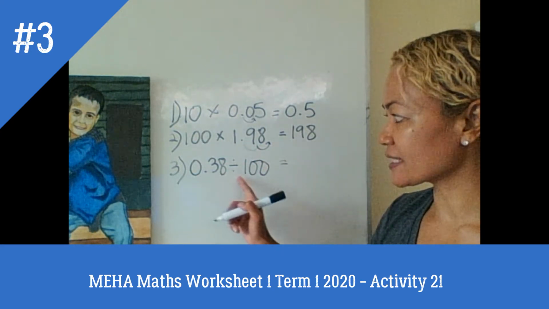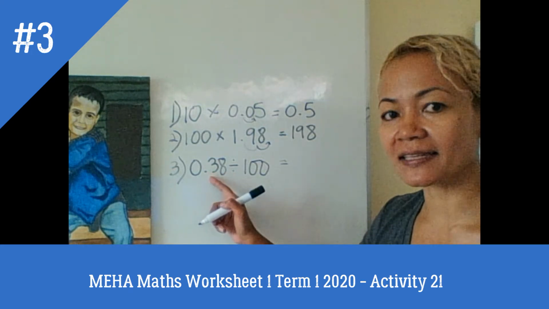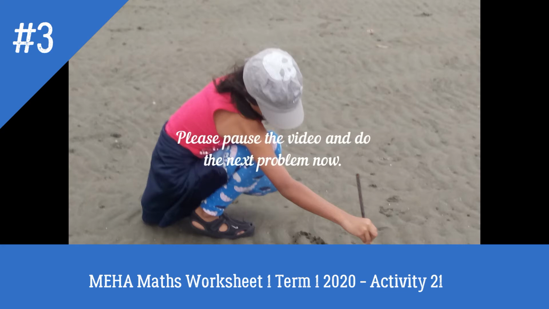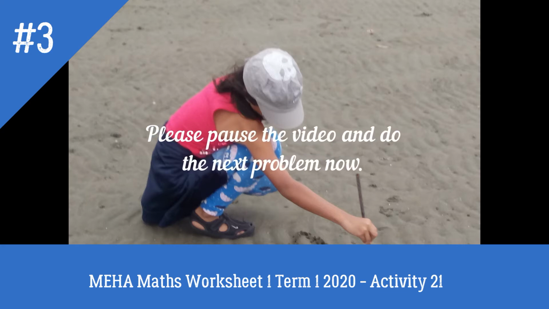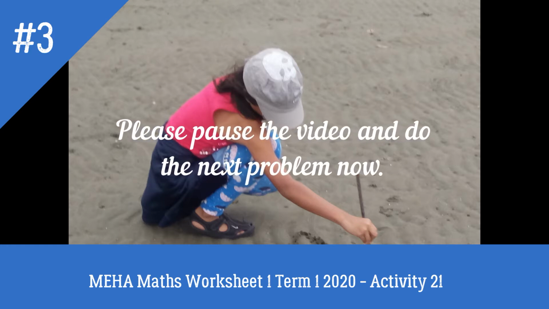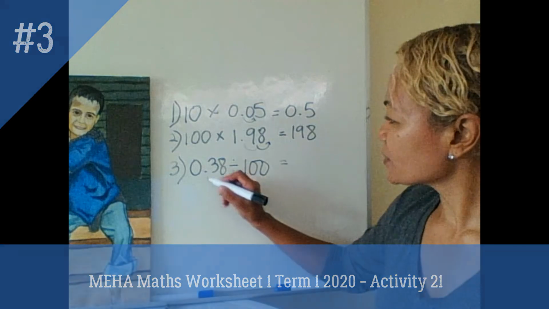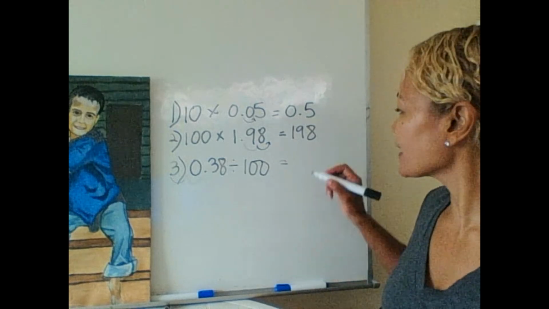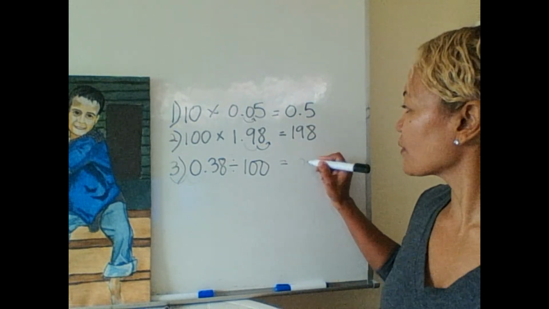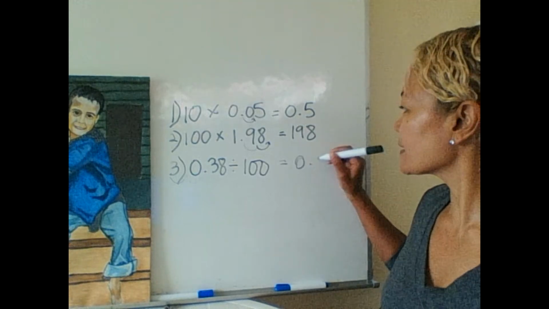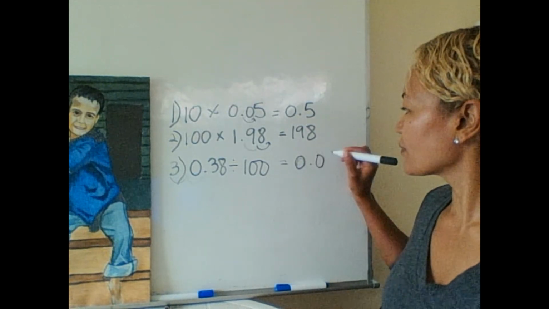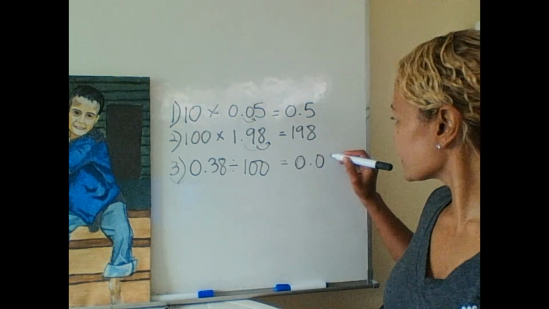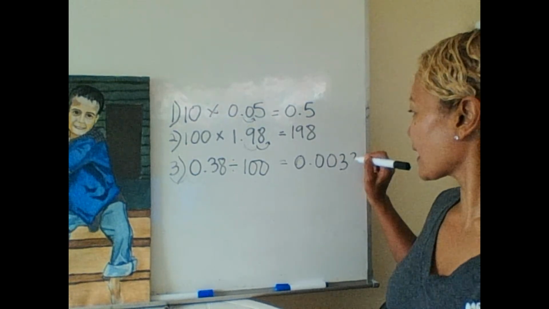Since it's divide, it should move to make this number smaller. So, right, 2 places over that side becomes 0.0, 0.038.